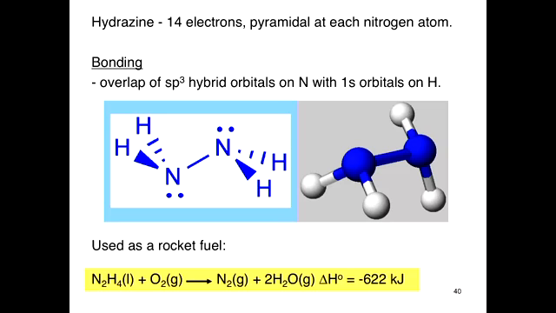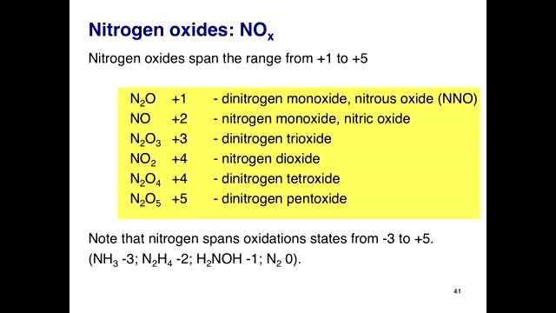Hydrazine is pretty unstable with respect to nitrogen, and it can act as a reductant, a very powerful reductant. If combined with oxygen, we get this highly exothermic reaction, and that's used to propel rockets. Okay, so make sure you know the structure of hydrazine.